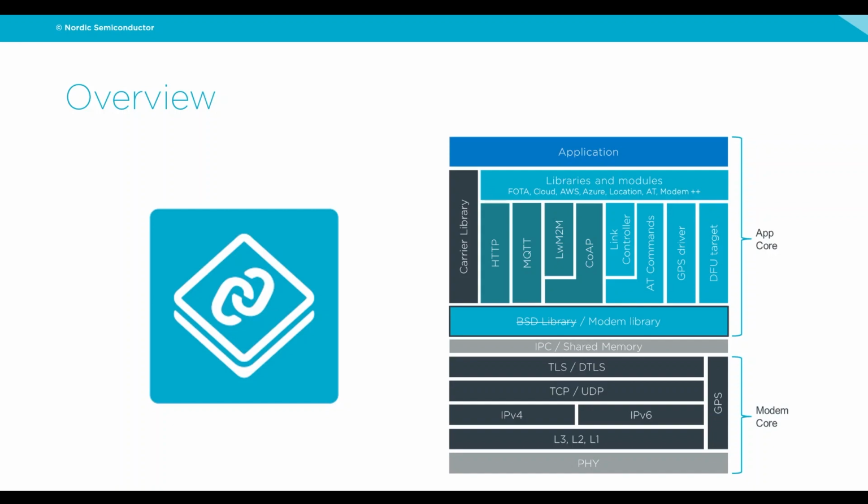Then on top of all of this, we have some libraries and modules that are also made to increase ease of use connecting to various cloud services like nRF Connect for Cloud, AVS, Azure.